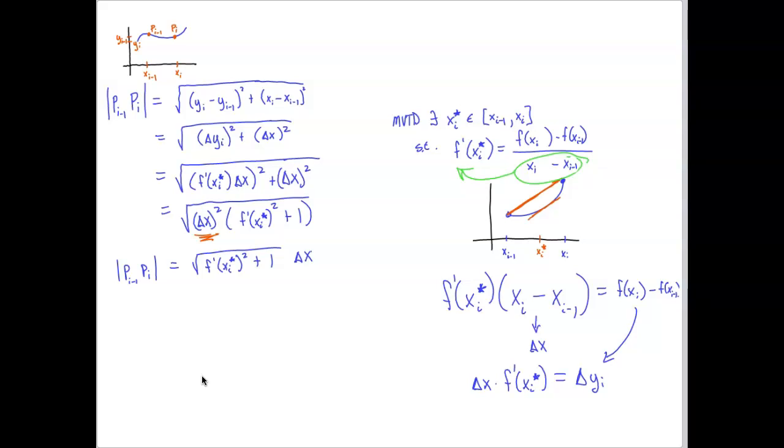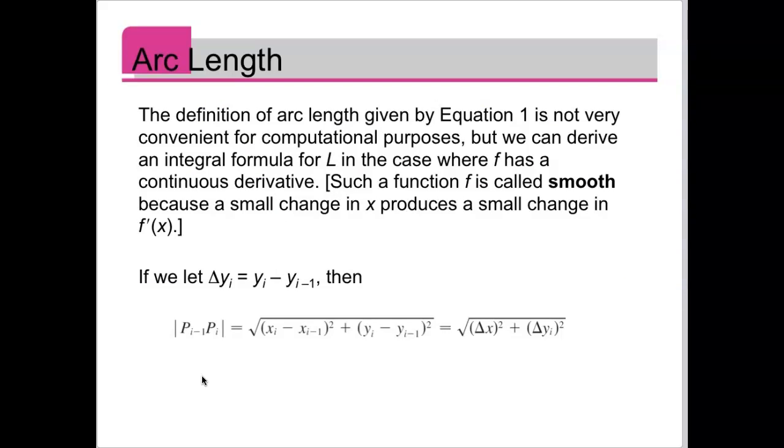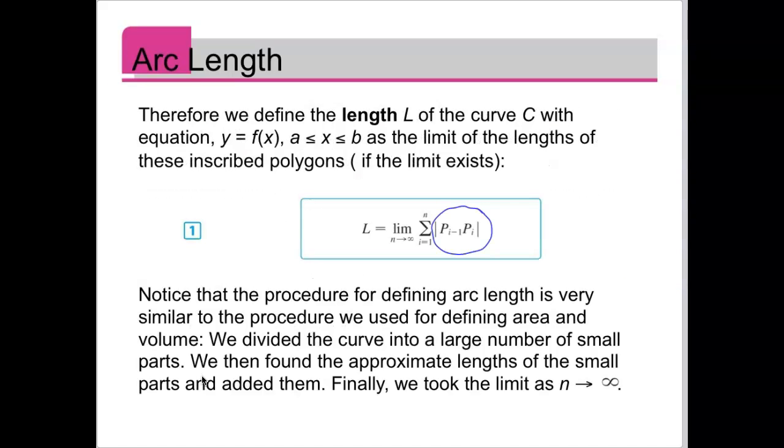Remember how we found the exact length of the curve. We took the sum of all of the individual linear distances of our subintervals, right?